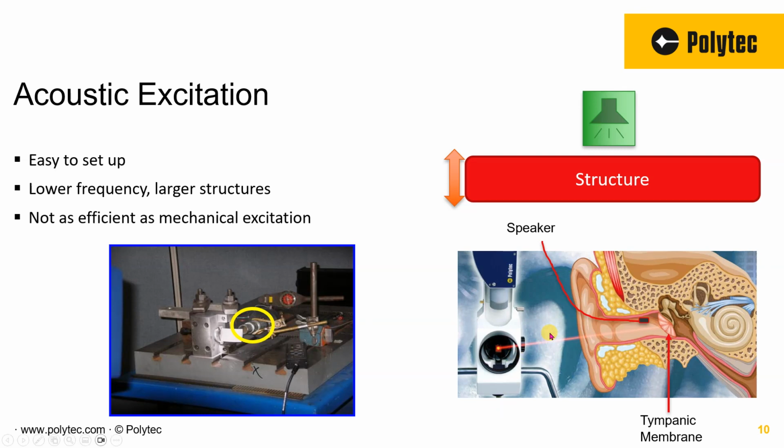We do measurements on the tympanic membrane for ear mechanics. This would be a good case for acoustic excitation where we use a little speaker to excite the eardrum. On the left is a tiny turbine blade. Again, if you mount something on it, you're going to affect the dynamics, so we are using an acoustic horn in this case. Both are good examples for using acoustic excitation.